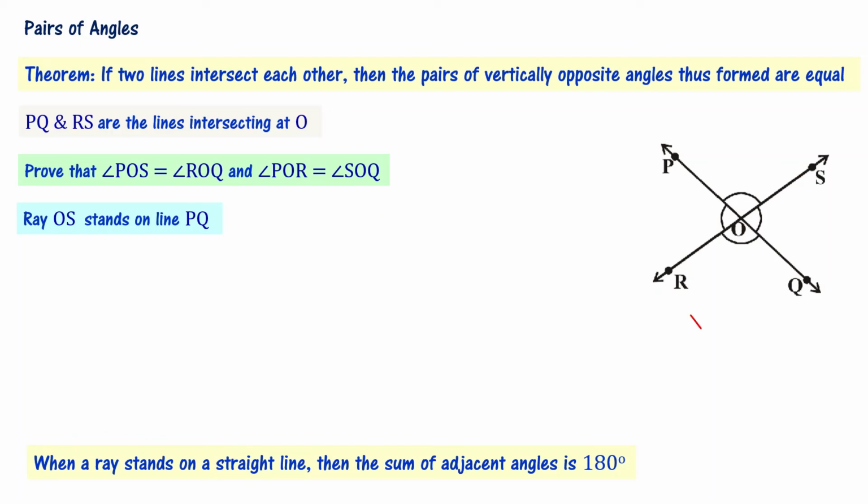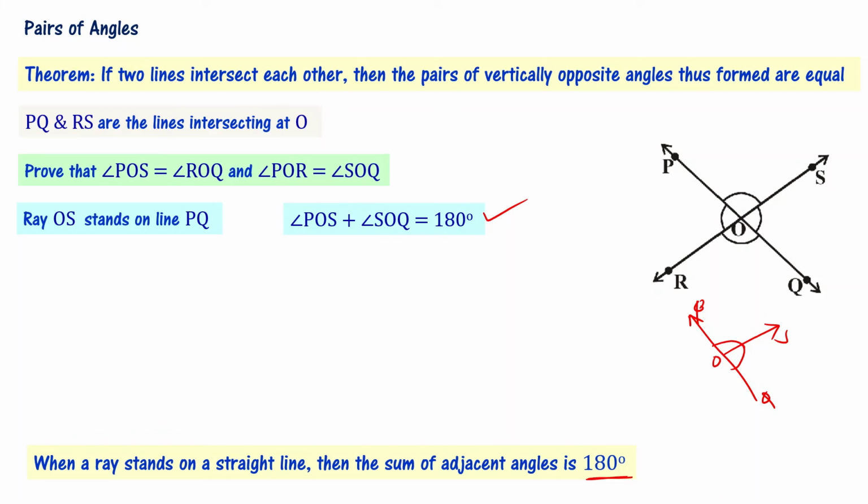Let me draw separately. This is our line PQ and you have OS standing on that. These are the two angles. These two angles sum to 180 degrees. It means angle POS plus angle SOQ is equal to 180 degrees.